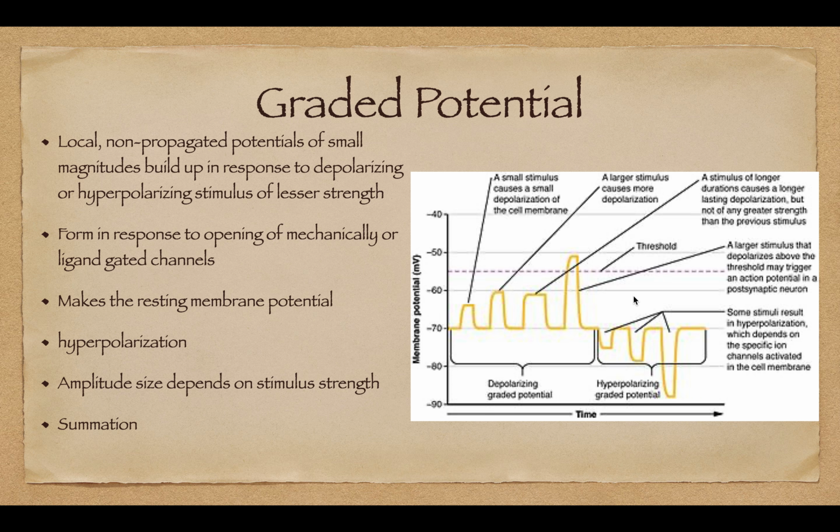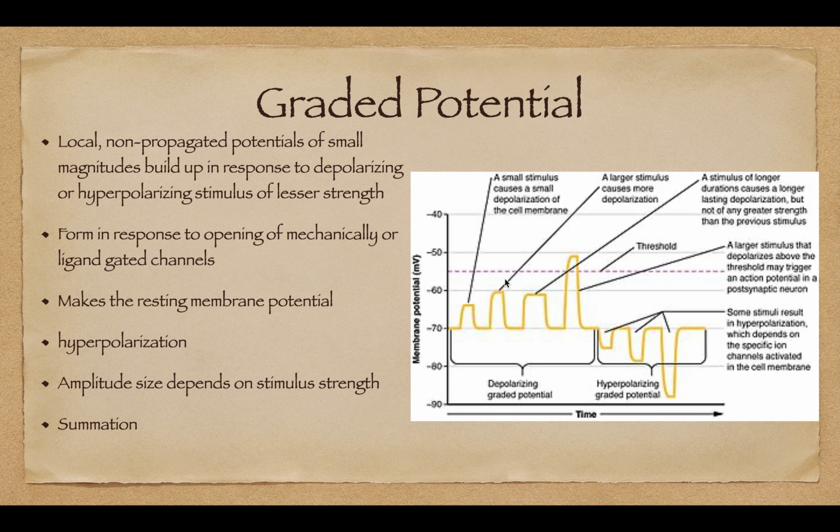So graded potential is, just to sum it up, summing up stimuli. They build up and then it can overcome the threshold, propagating the action potential. The graded potentials are really formed in response to opening the mechanical or the ligand gated channels, and the amplitude size will depend on the stimulus strength, and it all works by summation.